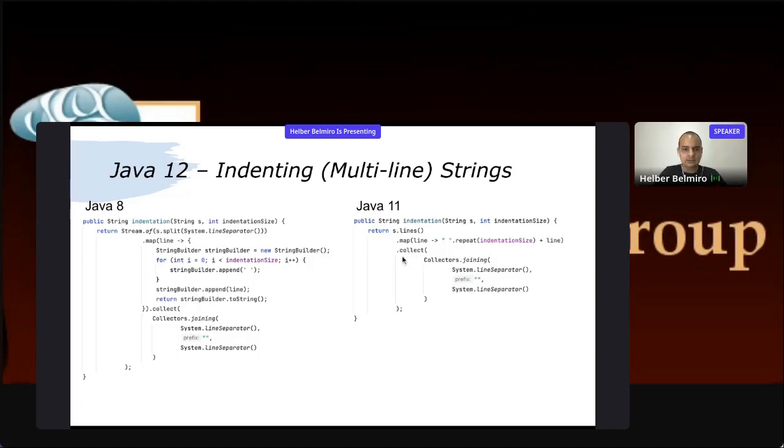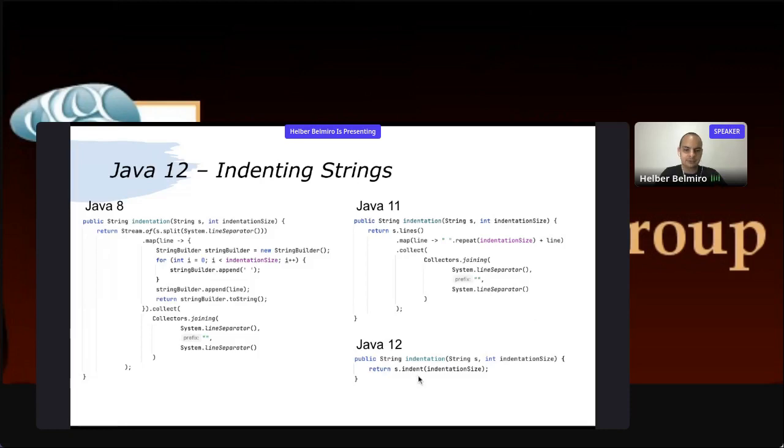And then in the end, we would have to collect all the lines into a single string, joining them by line breaks. With Java 12, we have a method for that. We just call indent and inform the indentation size.